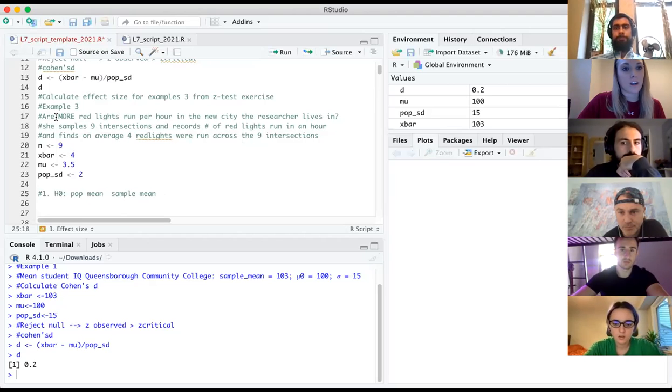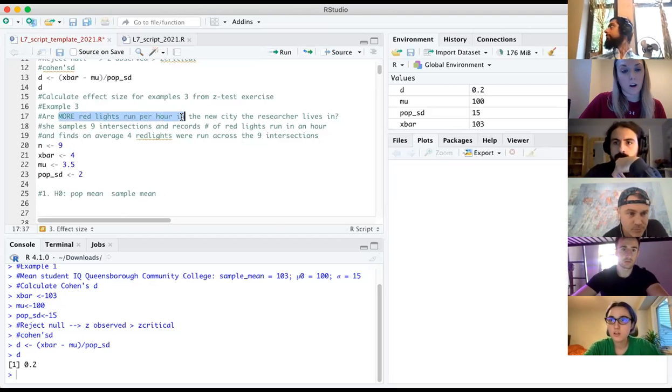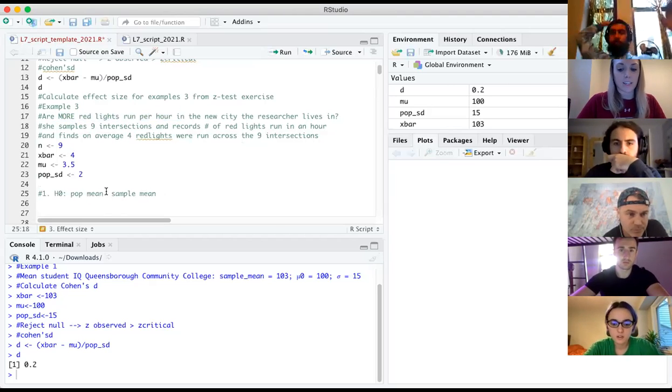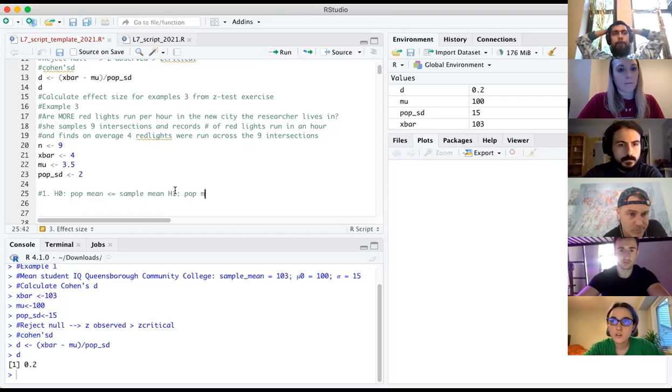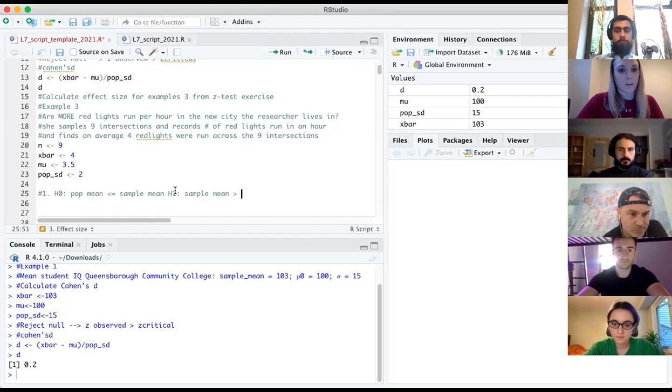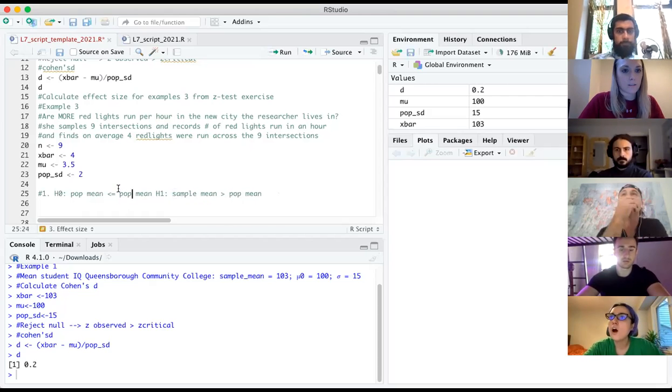So notice here, we said more lights run per hour. So you're correct. Our null is actually that less than or equal to, and then our alternative is that the sample mean is more than the population mean. Or I got these backwards.